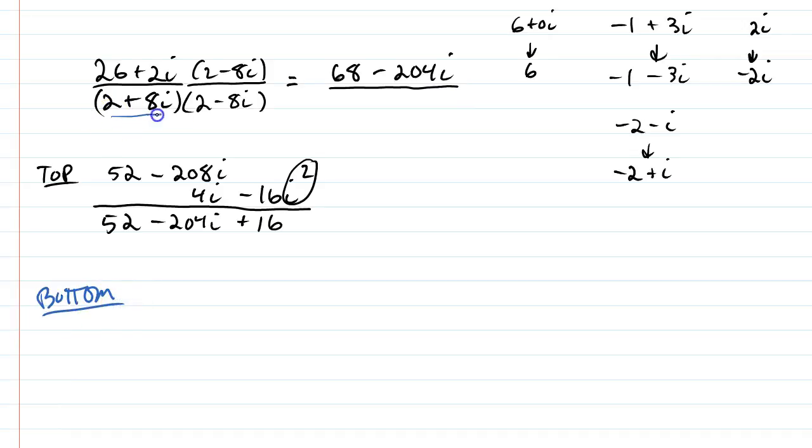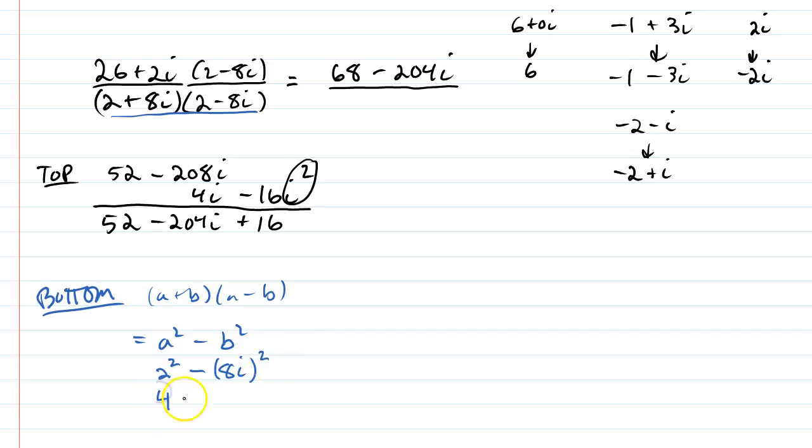Alright, the nice thing about the conjugate and why this works is that this is the difference of squares. A plus b, a minus b. And so remember, whenever you have a plus b, a minus b, and you FOIL it out, you're going to have the middle terms cancel. So this is going to turn out to be a squared minus b squared. In this case, since a is 2, you'd have 2 squared minus, and b is 8i squared.